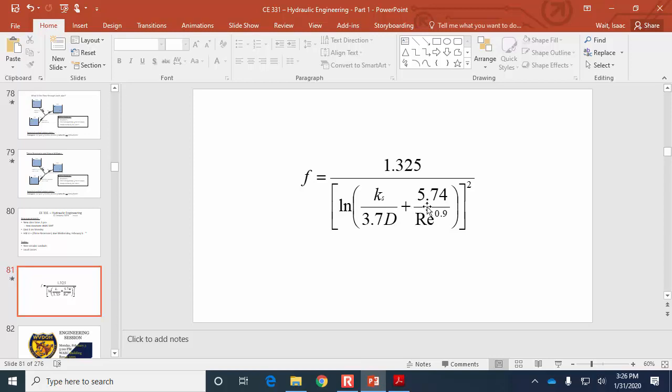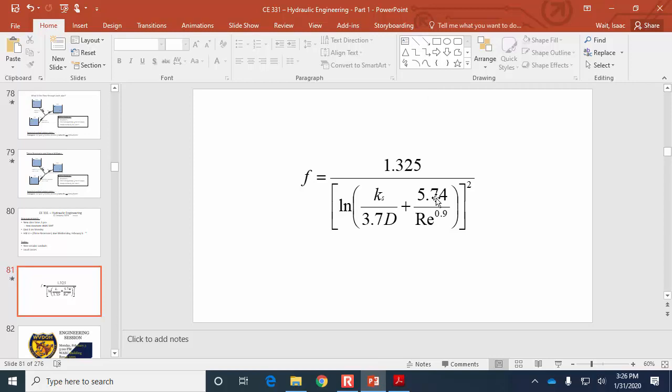Everybody with me so far? So you can't get the F until you know the V. That's the dilemma that we've always got. Well, one of the simplifications you can make is if the flow velocity is really high, so if you've got a big V, what is that going to do to the Reynolds number? It's going to make it big.